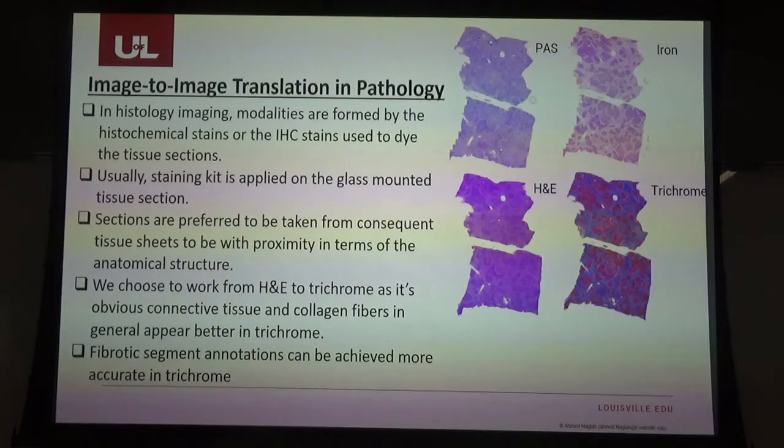We can apply different types of staining kits. We can apply different steps of processing in order to achieve a desired output. So we can have a specimen and we can have different modalities or different appearances for this specimen.